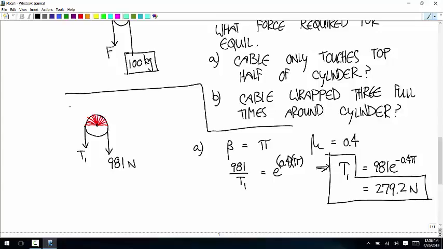Okay, so that's pretty useful. It cut the required force down quite a bit. When we wrap it around 3 full times, we expect that force to be cut down even more, because the more times you wrap it around, the more friction force you're building up.